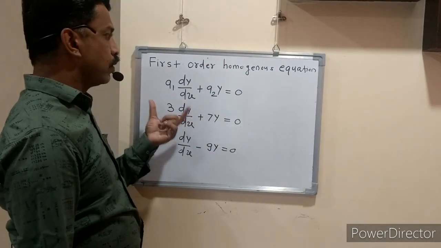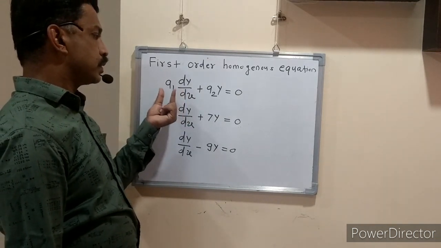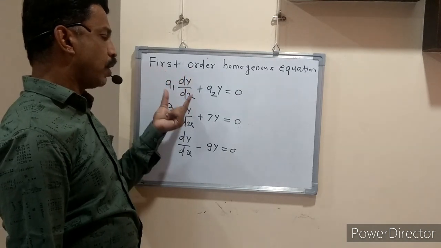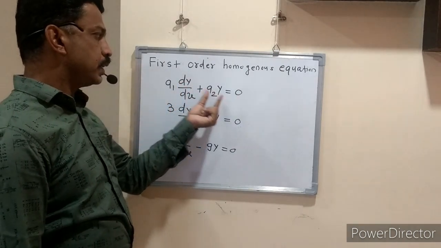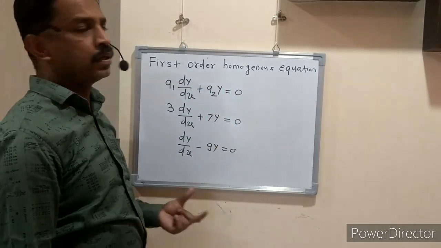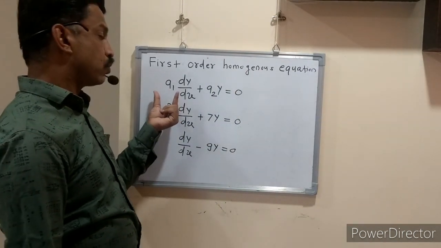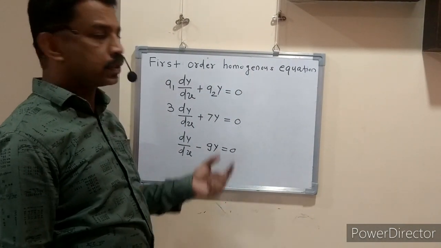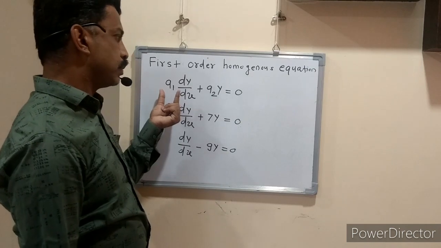So in this way we can understand: if any equation contains a derivative whose power is 1, it is known as first order, and if the dependent term y is present in the whole equation, then it is known as homogeneous equation with constant coefficients. Constant coefficients means a1 and a2, maybe a1, a2, a3, many constants may be there.